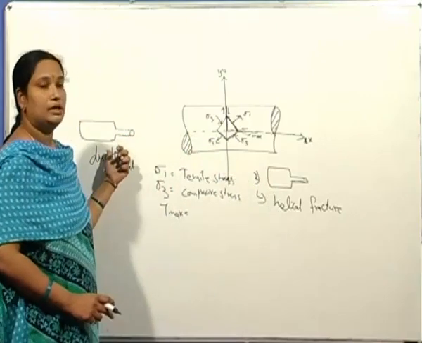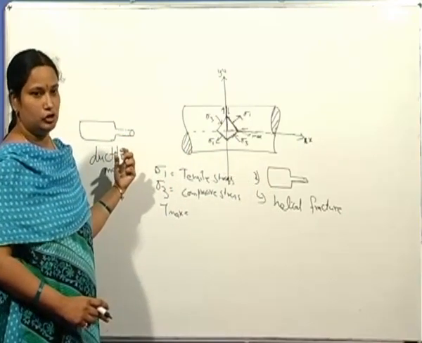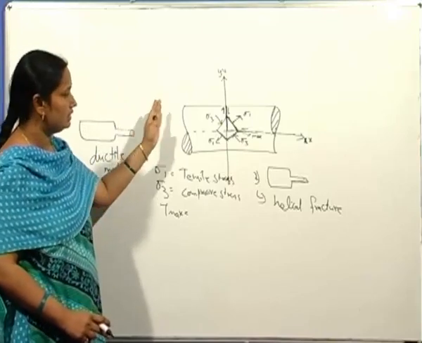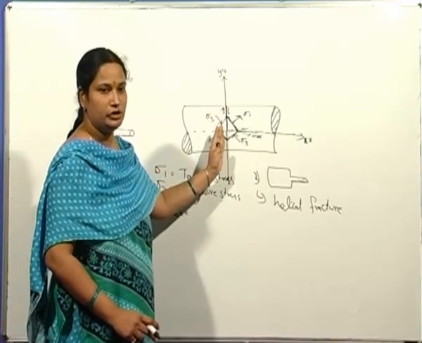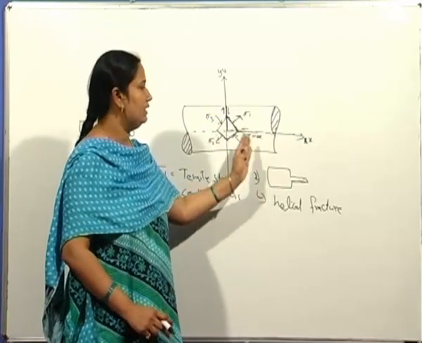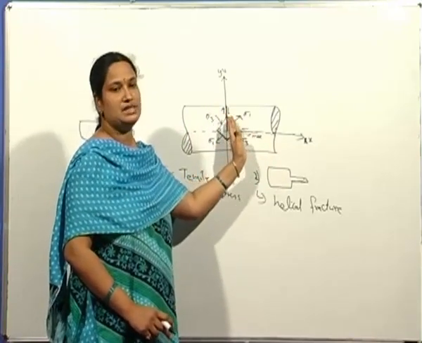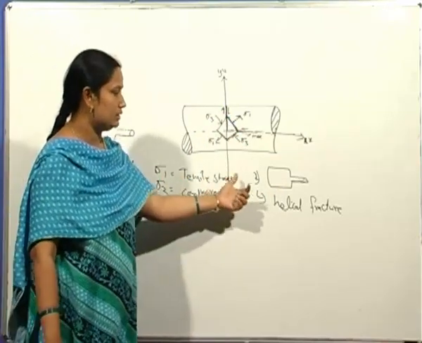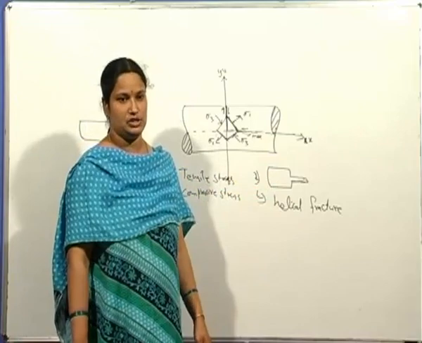For the ductile case, it is the maximum shear stress plane perpendicular to the longitudinal axis, and for the brittle case it is the plane which makes an angle of 45 degrees to the longitudinal axis. So it looks like a helical fracture.